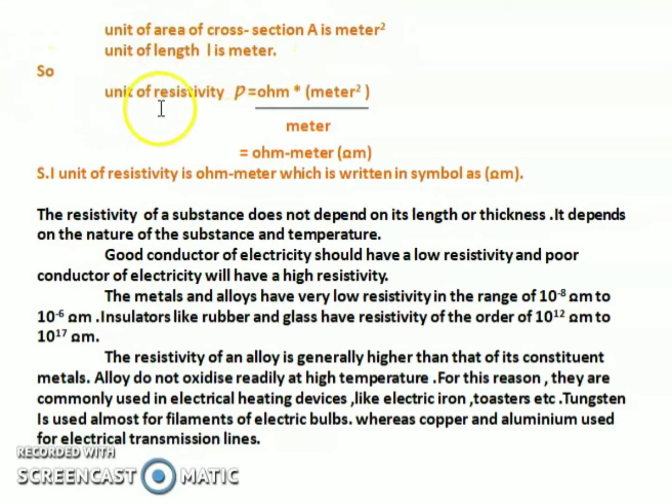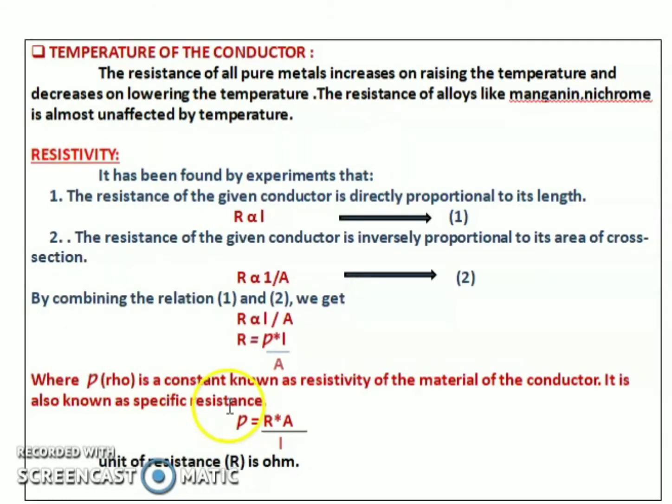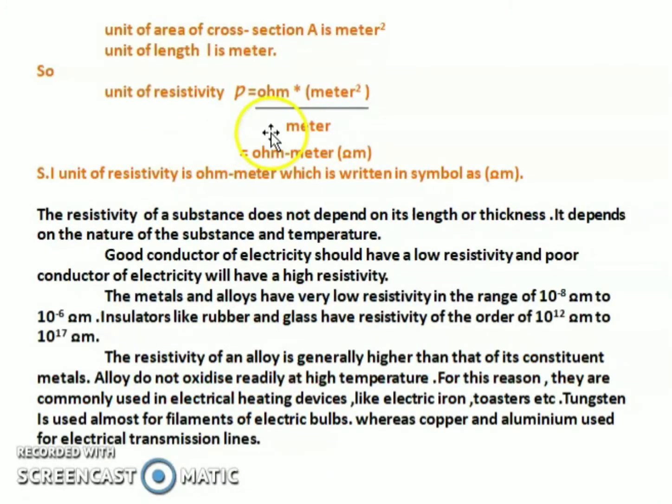So the unit of resistivity rho is R into A upon L. When we put in the units, meter and meter square get cancelled, so you get ohm meter. The symbol for ohm is omega. So the SI unit of resistivity is ohm meter, written with the symbol omega m.